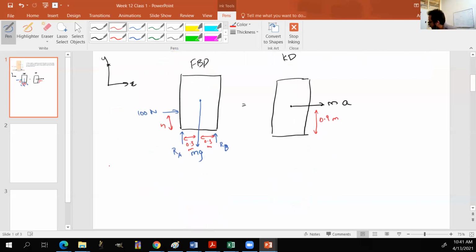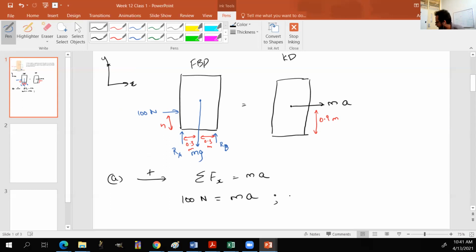All right, so part A, consider the positive direction to be the positive x-axis. The sum of forces in the x direction is equal to MA. And what are the forces in the x direction? Just the 100 newtons, in the positive x direction, which you define to be positive. That's just going to equal MA.